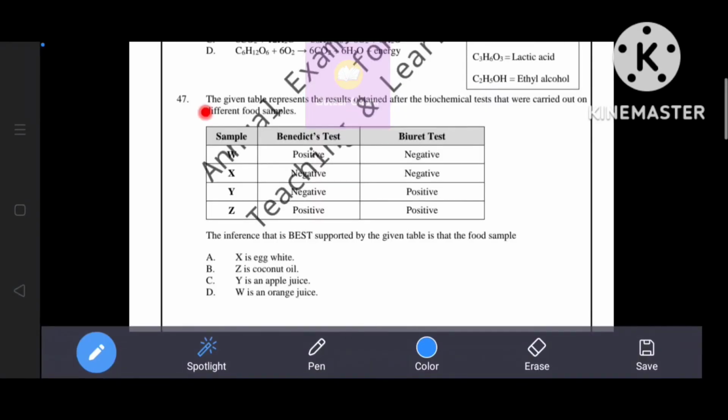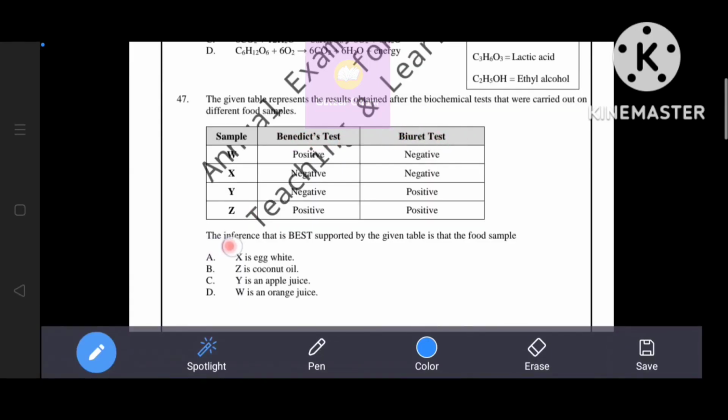Next question. The given table represents the results obtained after the biochemical tests that were carried out on different food samples. Sample W, X, Y, Z, Benedict test result, Biuret test result.